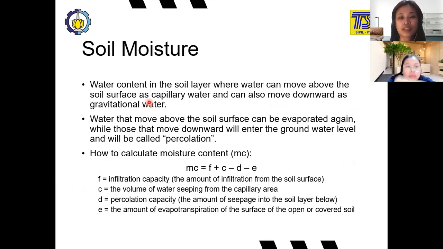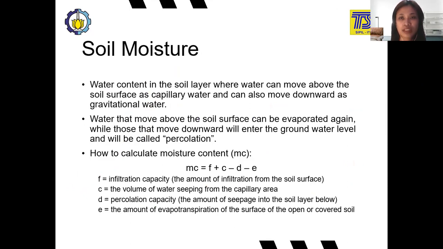First, we will talk about soil moisture. Soil moisture means the water content in the soil layer, where water can move above the soil surface as capillary water, and can also move downward as gravitational water. So this soil moisture can evaporate from the soil surface, but it can also go down with gravitational force to the deeper side of the soil.